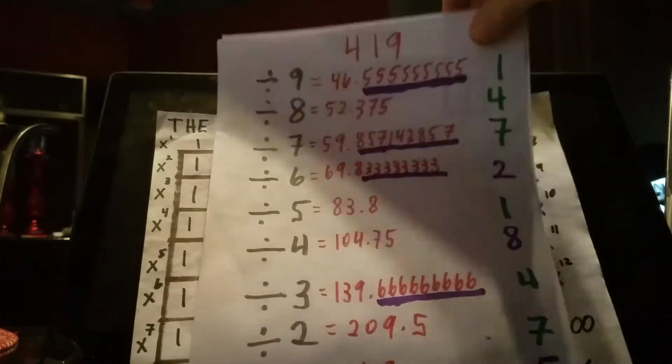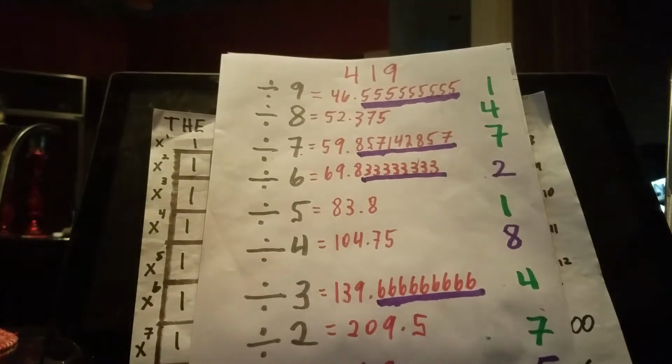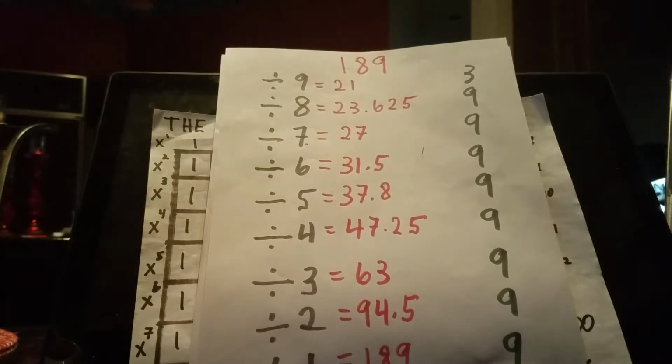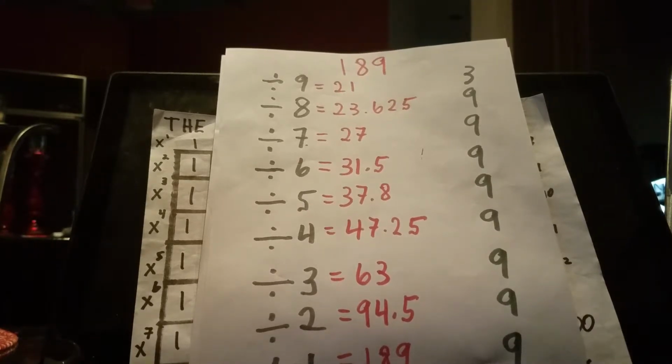Okay, so after 419 we have 189. Oh, I let these things get out of order. I'll be good though. There's the 189. 189 starts to change things a little bit because instead of looking like the 714258 818 kind of code, it's looking more like a 396 kind of a code because we get 3 followed by 9s.